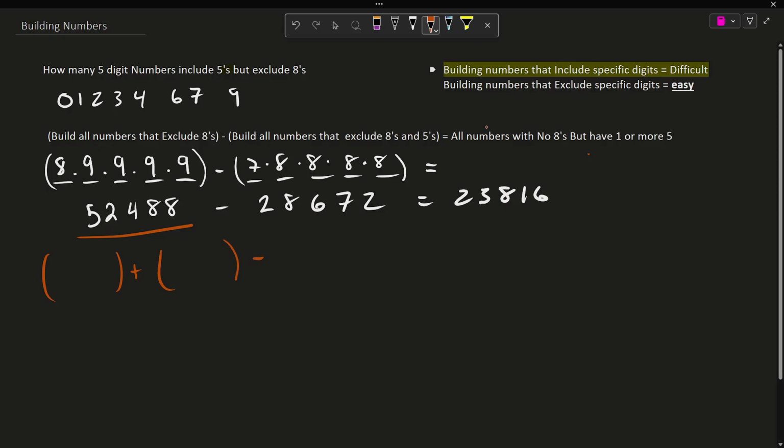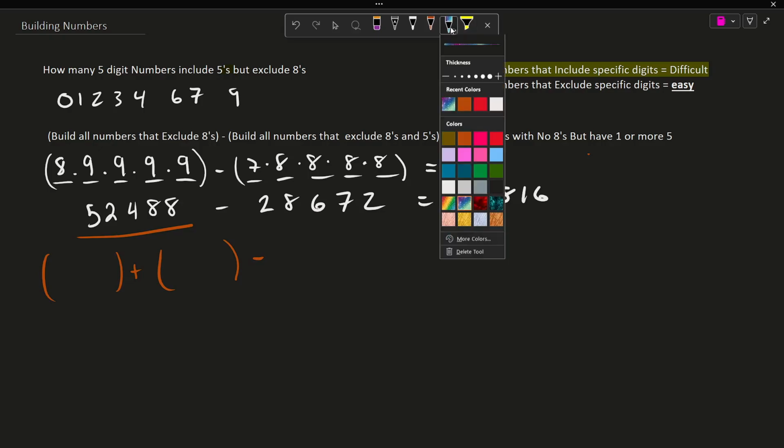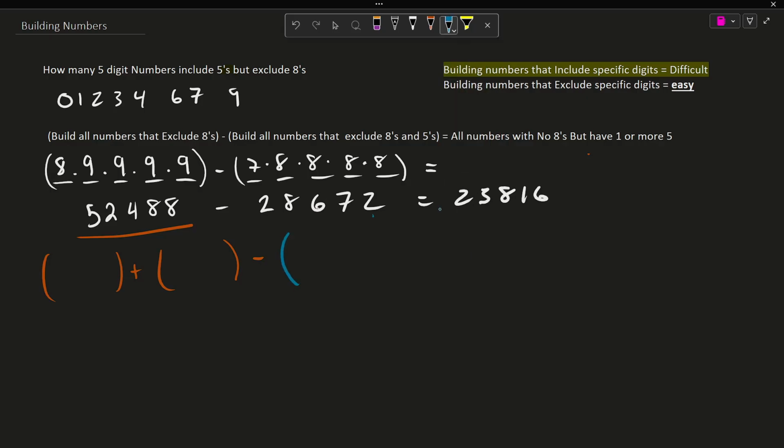And this batch of numbers here, let me go with a dark teal, is a set of numbers. So in this set of numbers, the 52,488, there are 2 types of numbers.